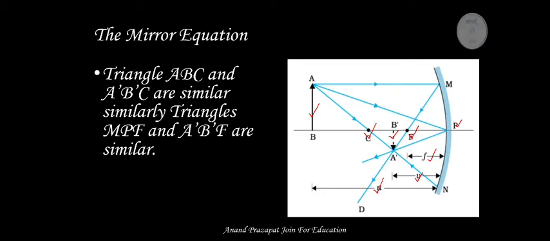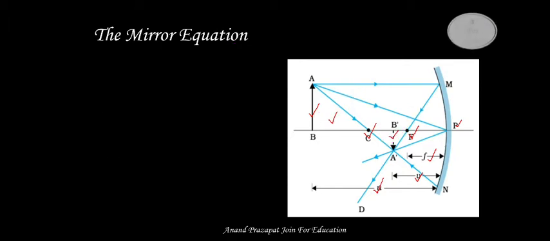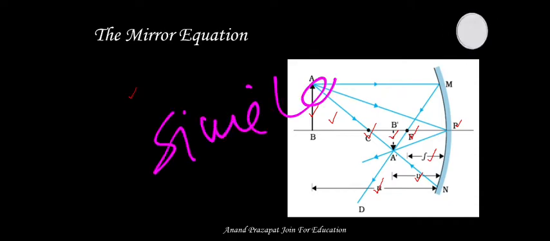For this, we consider the triangles ABC and A dash B dash C, which are similar. Similarly, we consider the triangles MPF and A dash B dash F. These two triangles are also similar. And we know that if two triangles are similar, the ratios of their sides are equal.